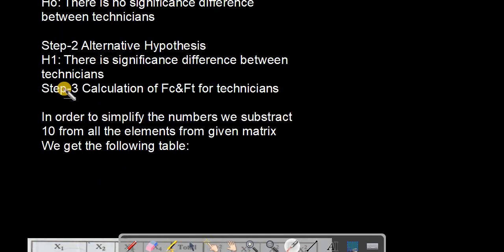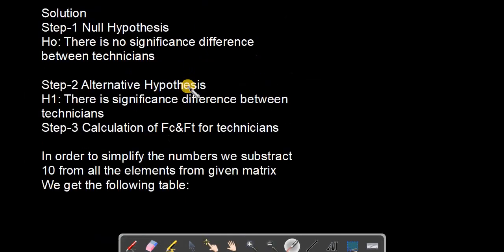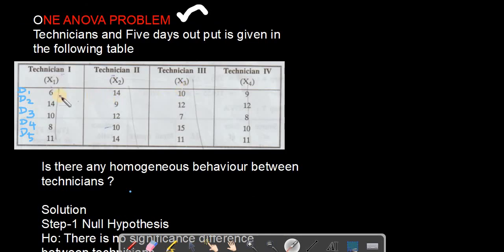Now we come to step number 3, calculation of the calculated value of F and the table value for technicians. Now look at the given problem: all these are maximum 2-digit numbers.